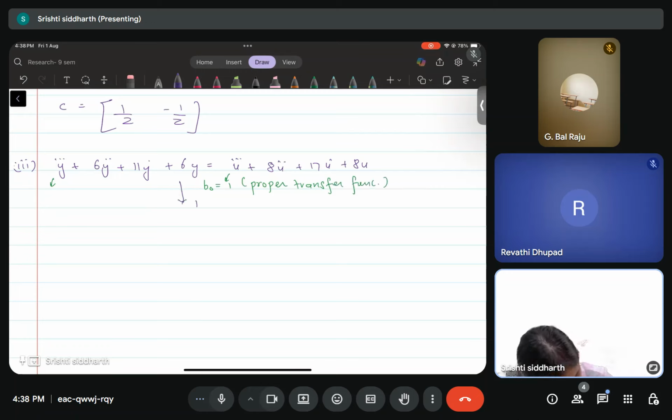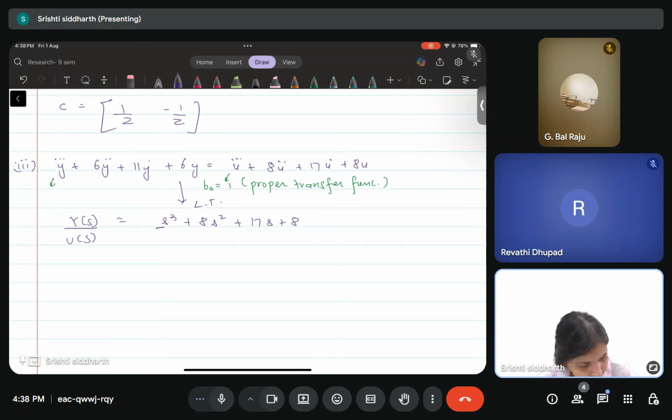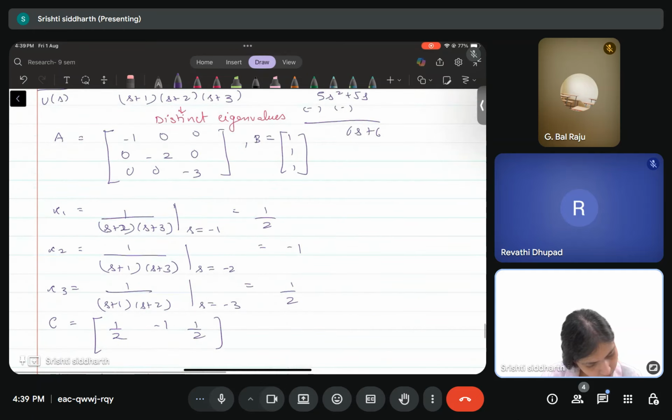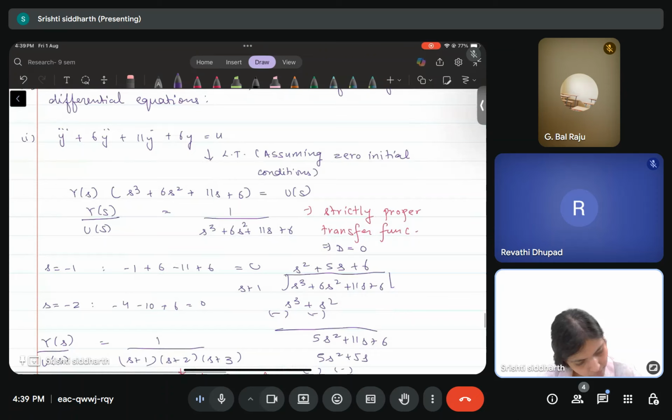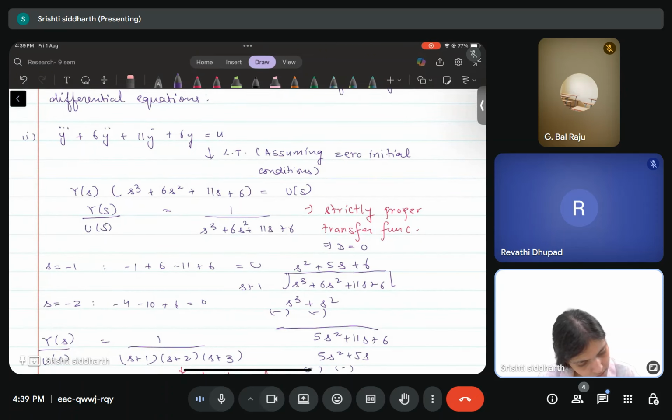Right, so let's take the Laplace transform. Again, assuming zero initial conditions, we have Y of s over U of s is (s cubed plus 8s squared plus 17s plus 8) over (s cubed plus 6s squared plus 11s plus 6). So I think the denominator is the same one as this: 1, 6, 11, and 6.